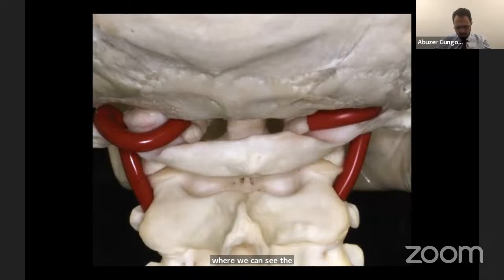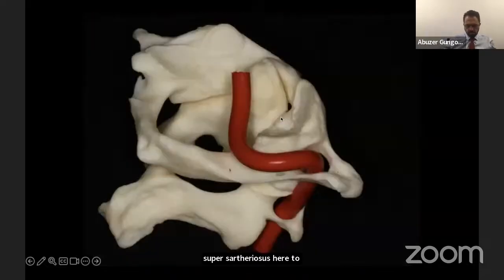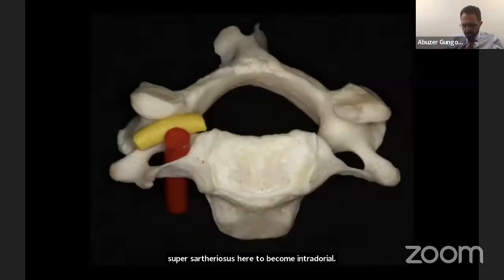This is the posterior aspect of the neck, where we can see the occipitocervical junction with C1 and C2, the segment just lateral to the C1, C2 joint, and then the segment that goes around the lateral mass of the atlas in the sulcus arteriosus to become intradural. This is a detail of that turn of the vertebral artery.